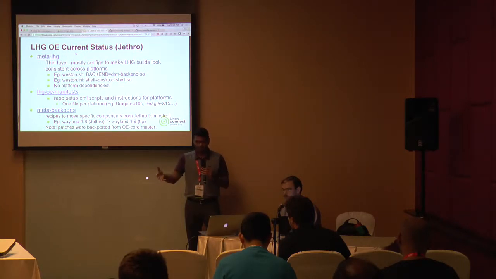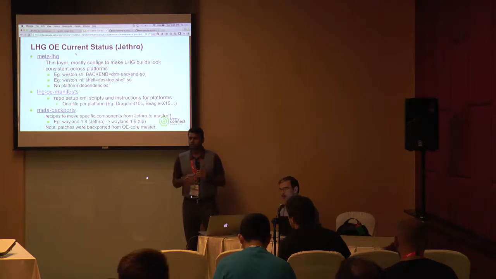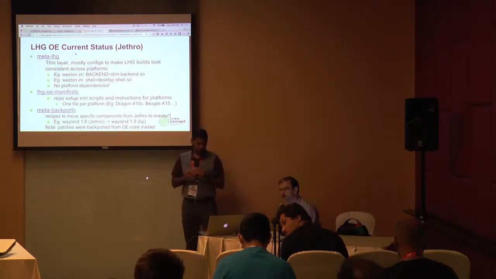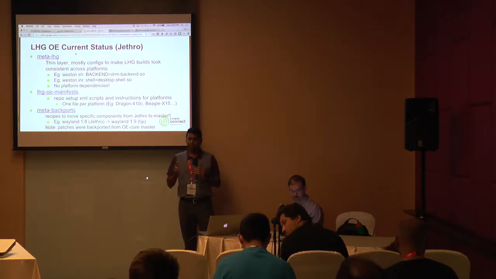And the way that we did it, I think Nico actually had the first meta backports, and the patch got upstreamed into the meta Open Embedded, and the patch was backported onto the Jethro branch, so that for that specific component, the Wayland component would move to 1.9. So if you give this presentation, maybe change patches to recipes. Yeah, patches for the recipes, essentially.